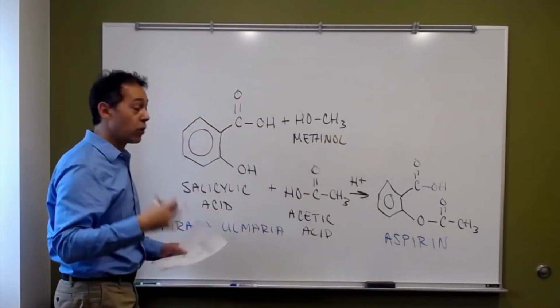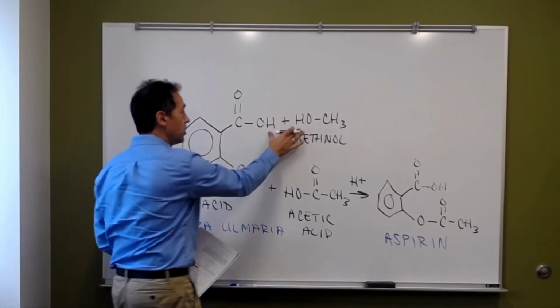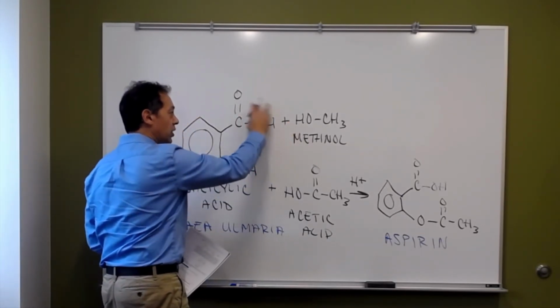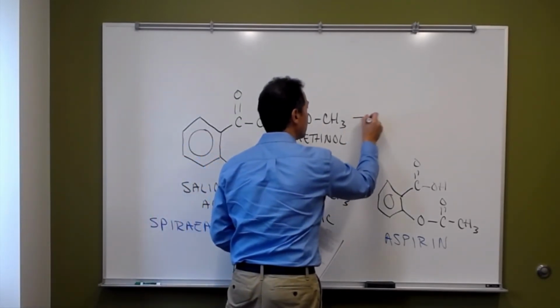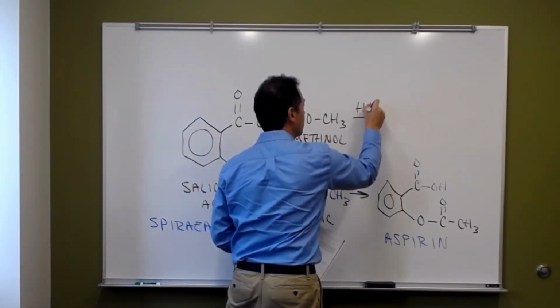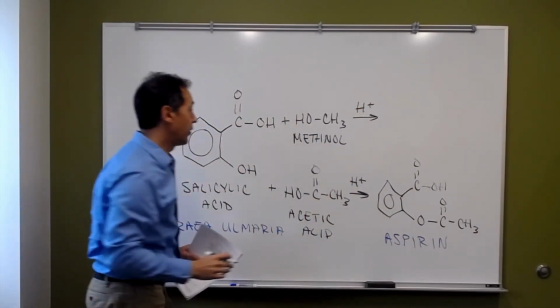Methanol or wood alcohol is the common name. If we combine these two together here, now we can see here's our carboxylic acid, here's our alcohol group, and we've used the same acidic conditions like this, and we would combine these together and form another ester.